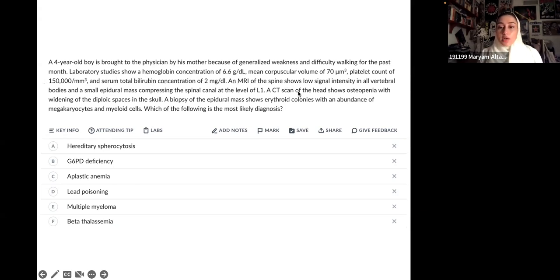An MRI of the spine shows low signal intensity in all vertebral bodies and a small epidural mass compressing the spinal canal at level L1. CT scan shows osteopenia with widening of the diploic spaces in the skull. A biopsy of the epidural mass shows erythroid colonies with an abundance of megakaryocytes and myeloid cells. Which of the following is the most likely diagnosis? What do you guys think?